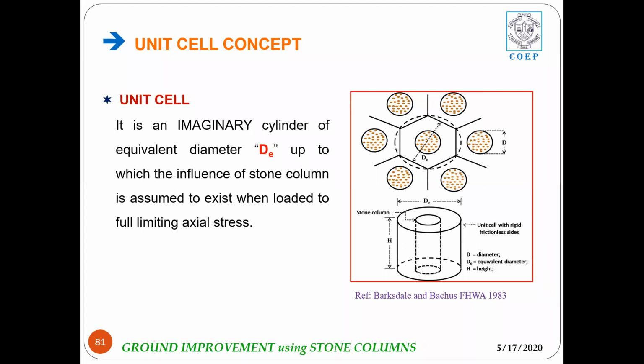This influence zone is going to help us in deciding the spacing of the stone columns, because beyond the influence zone we will have to provide another stone column, so that no region, no zone of soil remains without any pressure because of the stone columns.